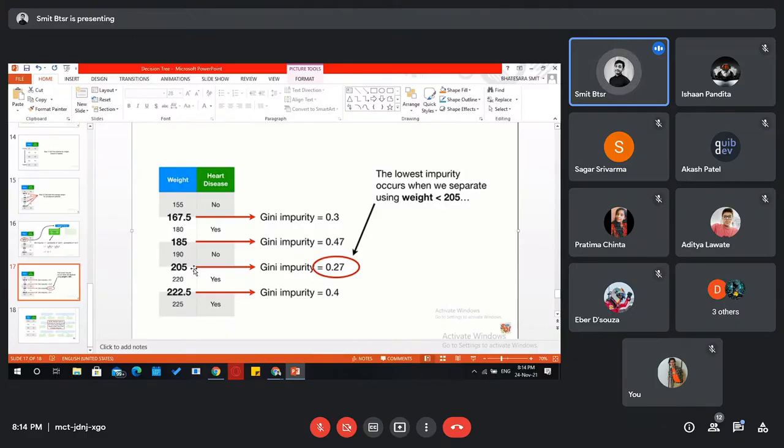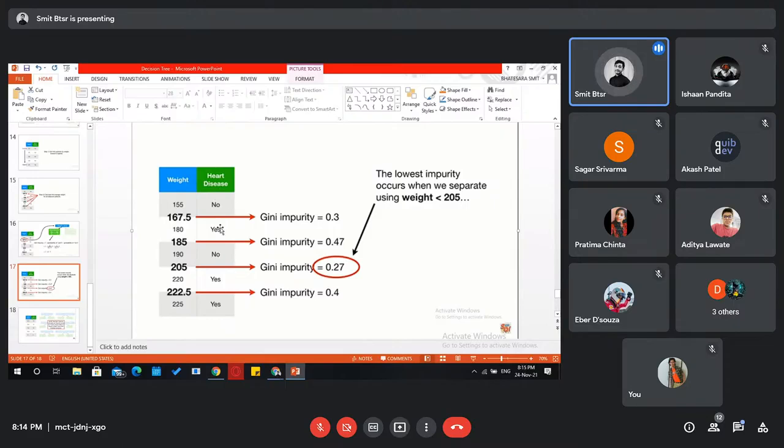I think it would be in pounds only. So we can see that at this range there would be a sudden increase in chances of heart disease, or more chances of heart disease at this weight. So that is the most impure, more related to heart disease. Then above that there are 3.